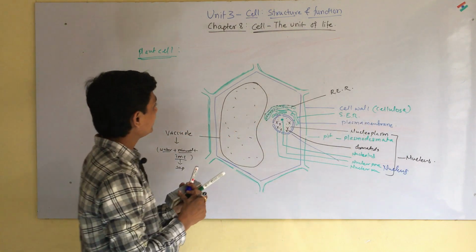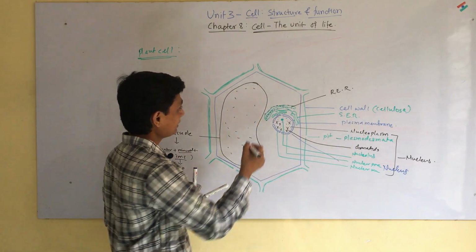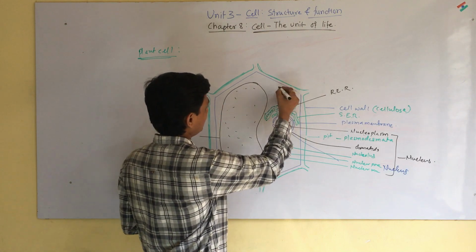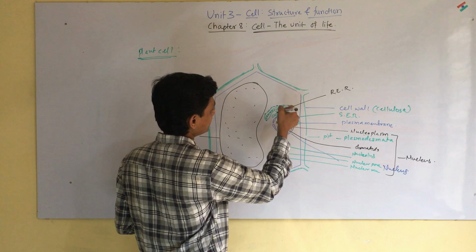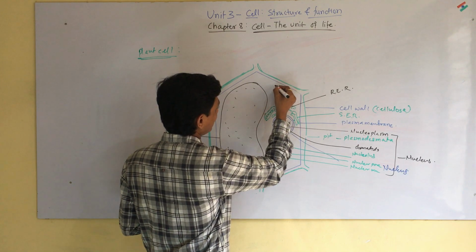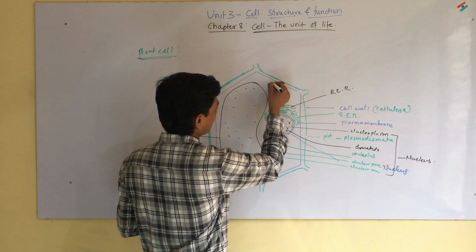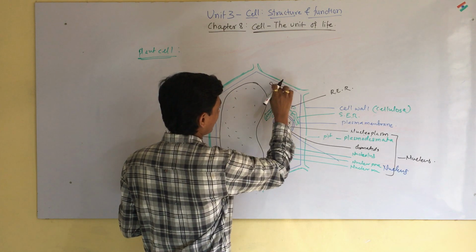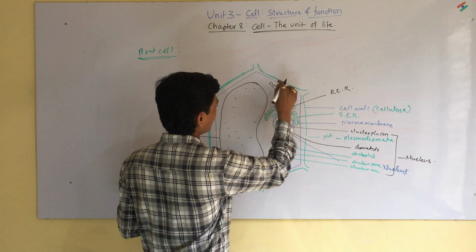The difference between animal and plant cell we will discuss in next slides, but here the Golgi bodies is just near to the plasma membrane, and the concave surface is toward the plasma membrane.